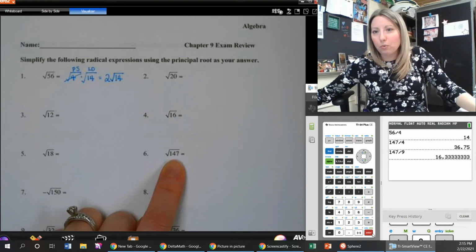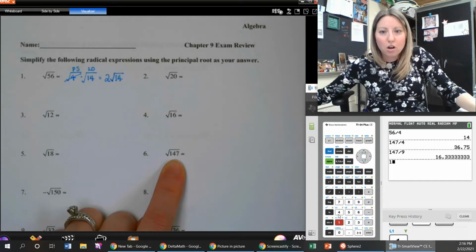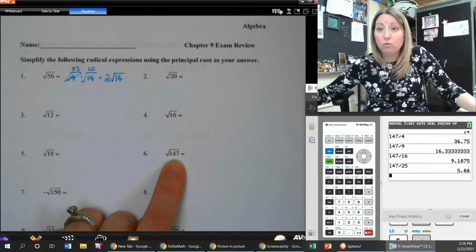Well, of course that wouldn't work, because the digits of 147 don't add up to a multiple of 9. Let's try 147 divided by 16. Well, wait a minute, this won't work because it wasn't evenly divisible by 4. 147 divided by 25. Well, this won't work because it doesn't end in a 5 or a 0.